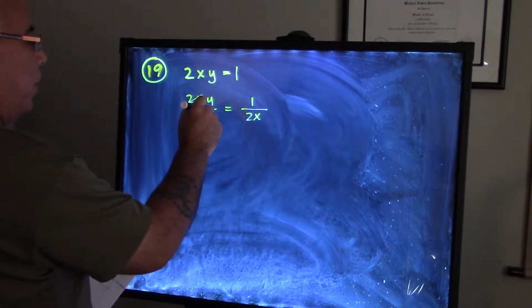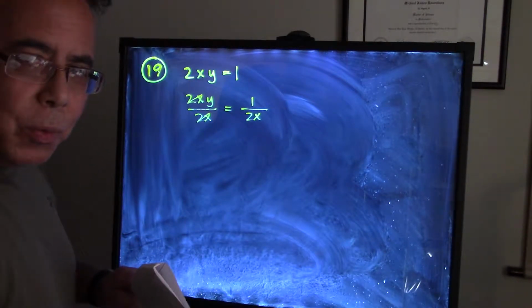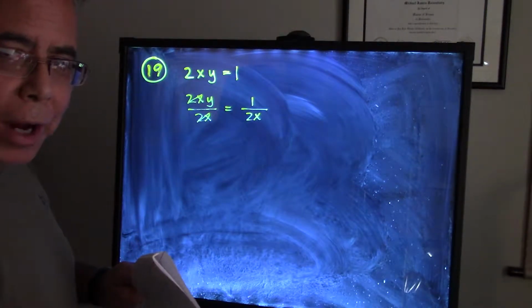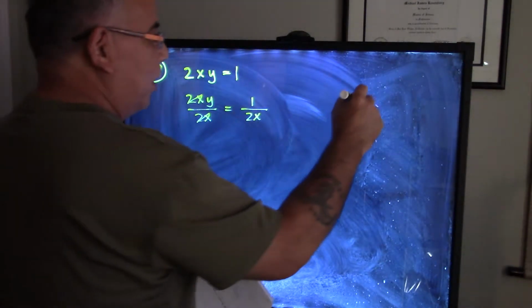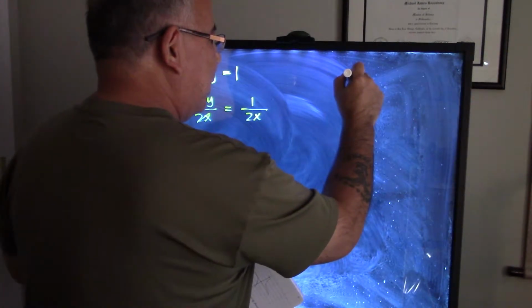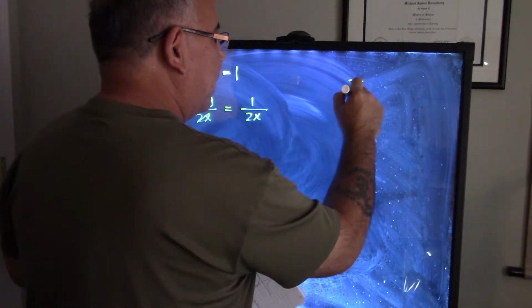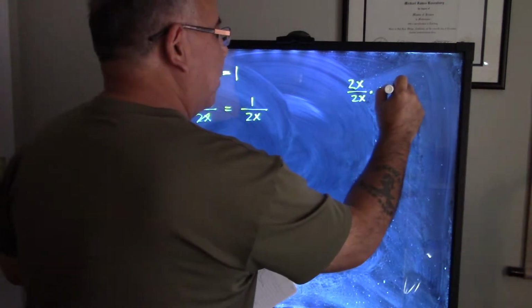And now when you cancel, remember that what you're doing is ignoring a factor of 1. See, this is really equal to 2x over 2x times y, that's what this is over here.